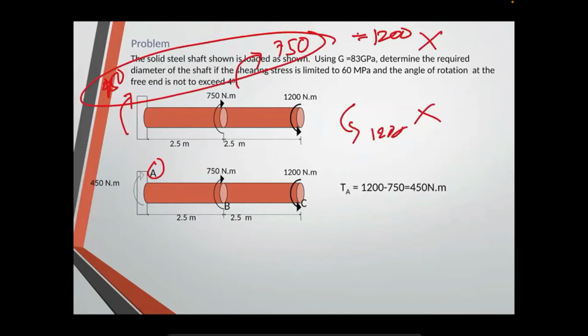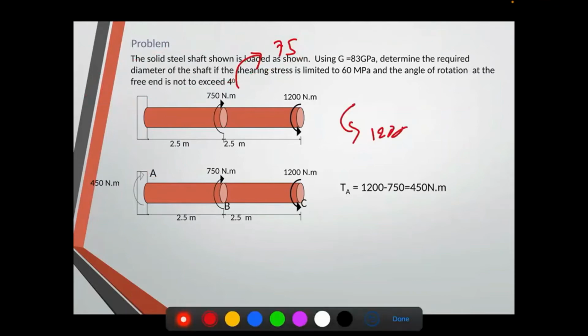And then we will have what we call your torsion diagram. It will just represent the torsion that is present on your circular shaft. So at A we now have 450.